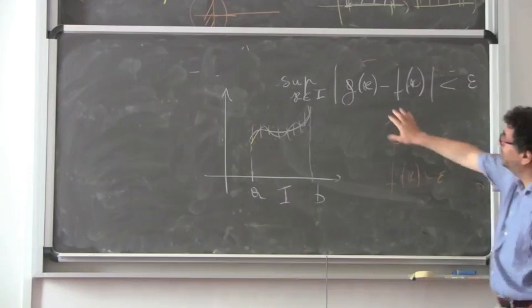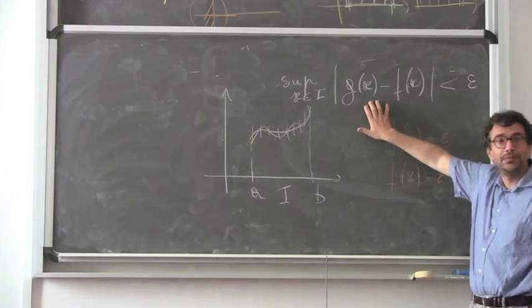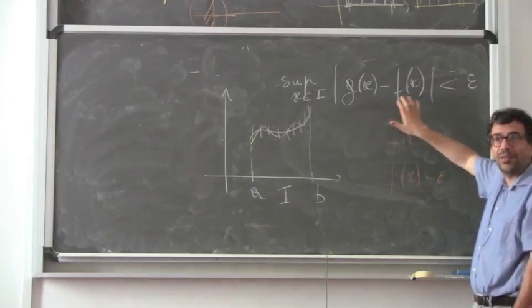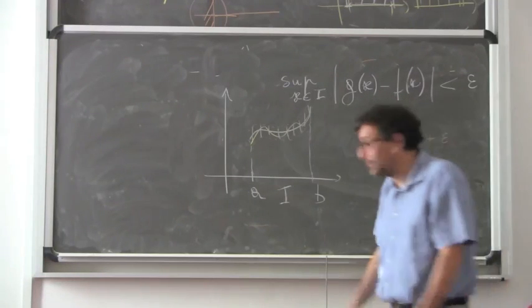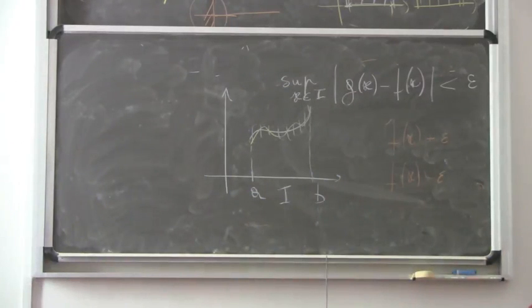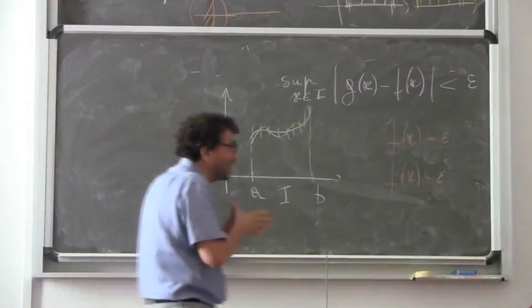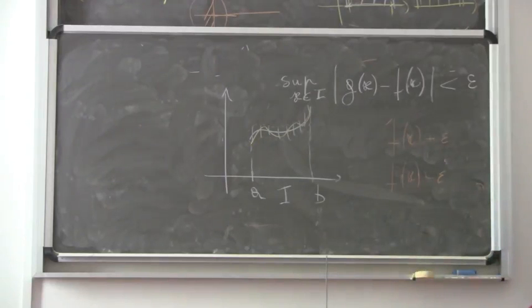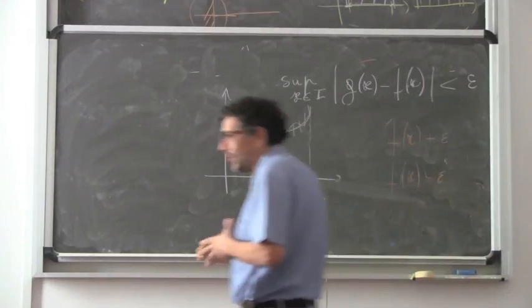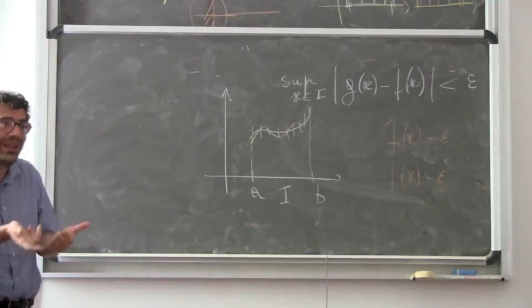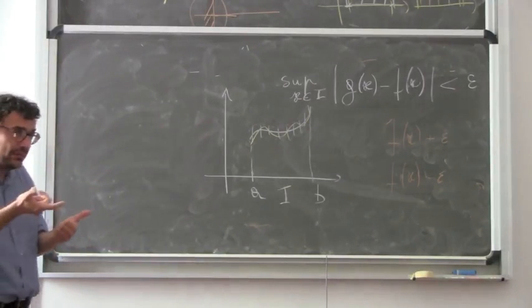You know how we call this number? Lagrange norm of this difference. Now, why are we interested in this concept? Distance between two functions. There are several reasons. First, when you measure something, you never get an exact result.